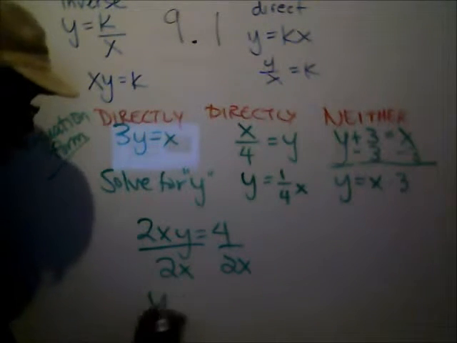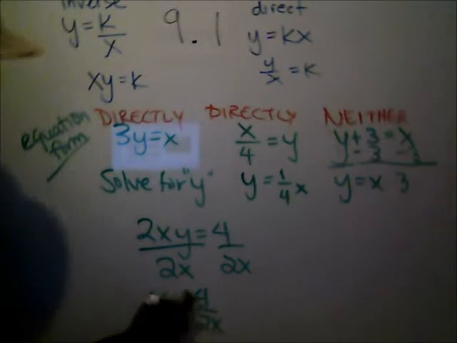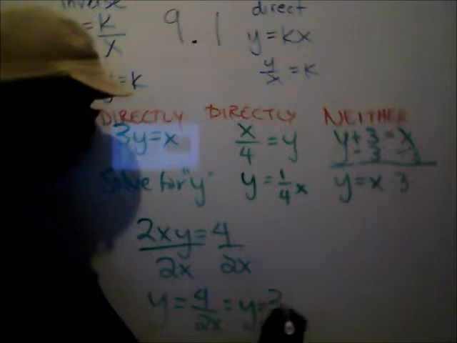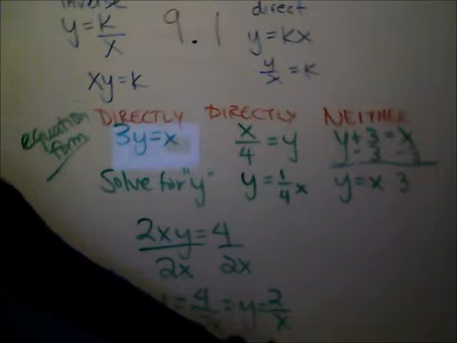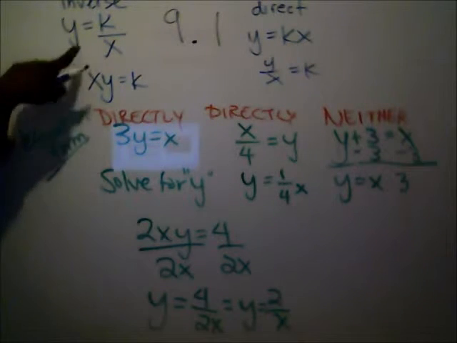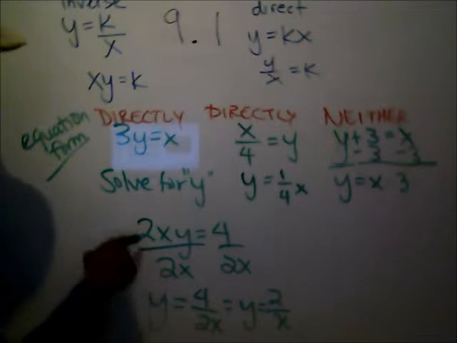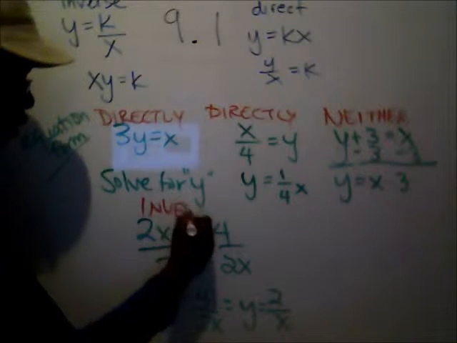So we would get y equals 4 over 2x. Well, the 4 and the 2 we can simplify even further to just give us y equals 2 divided by x. Okay? So now we see x is in the denominator of the fraction. That's going to be an example of an inverse relationship. So this 2xy equals 4 is inversely related.